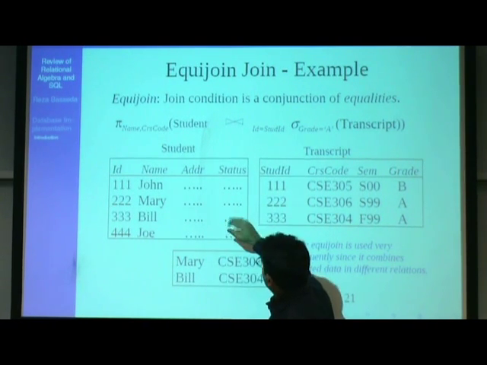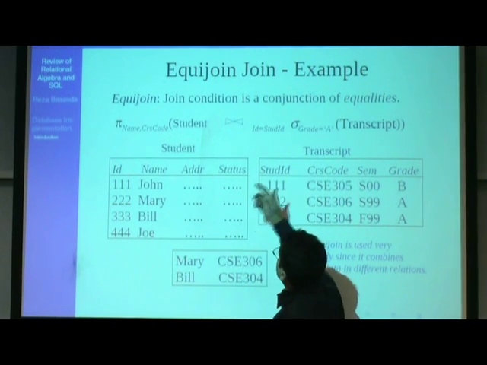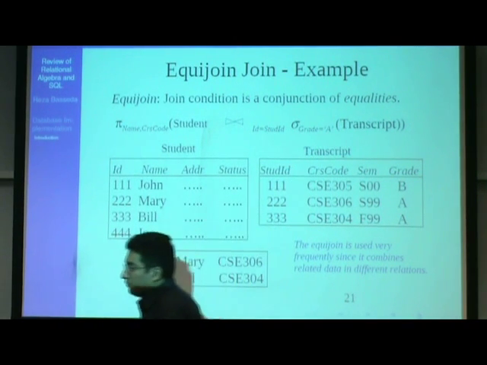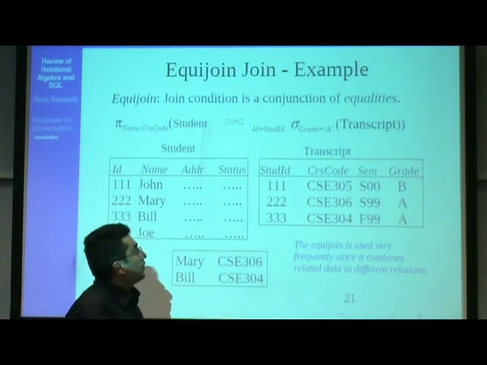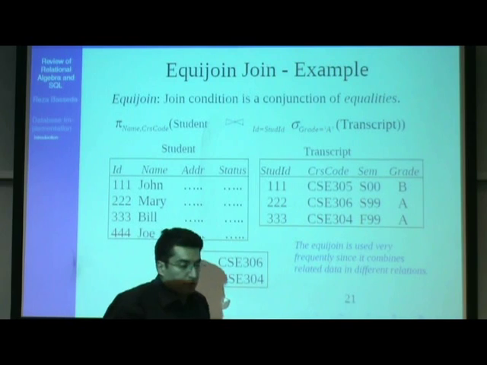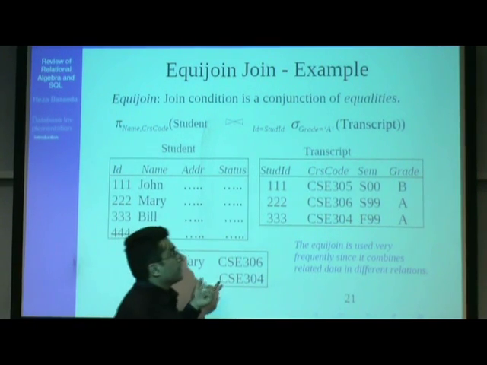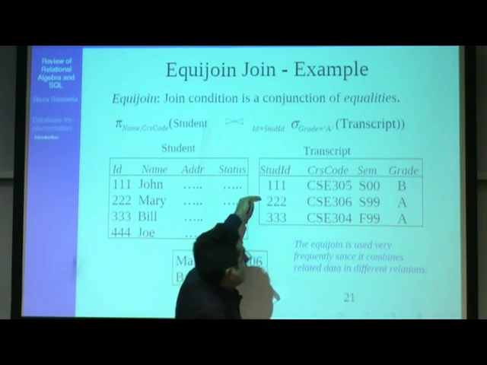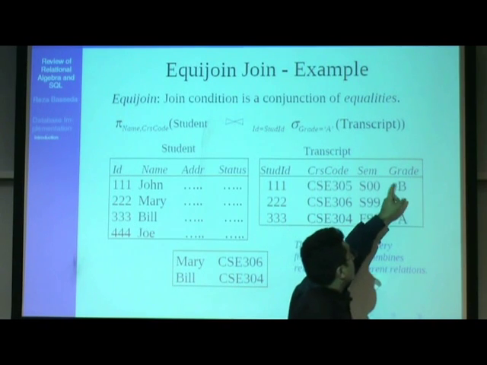So when we want to join, we know that although the name of this attribute is different from that attribute, these two attributes have the same meaning. Then when we do equi-join, we put this condition to make sure that ID is equal to the student ID, and therefore we can see who is taking which course. Suppose that this transcript table shows which course is taken by each student and what the grade is.